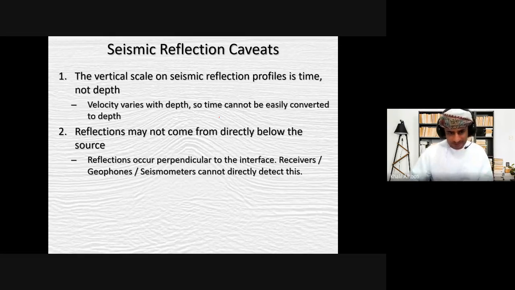We'll not do it here because students will do it in the seismic data processing course. As geophysicists in our industry, we can overcome this problem. It is, however, a caveat.